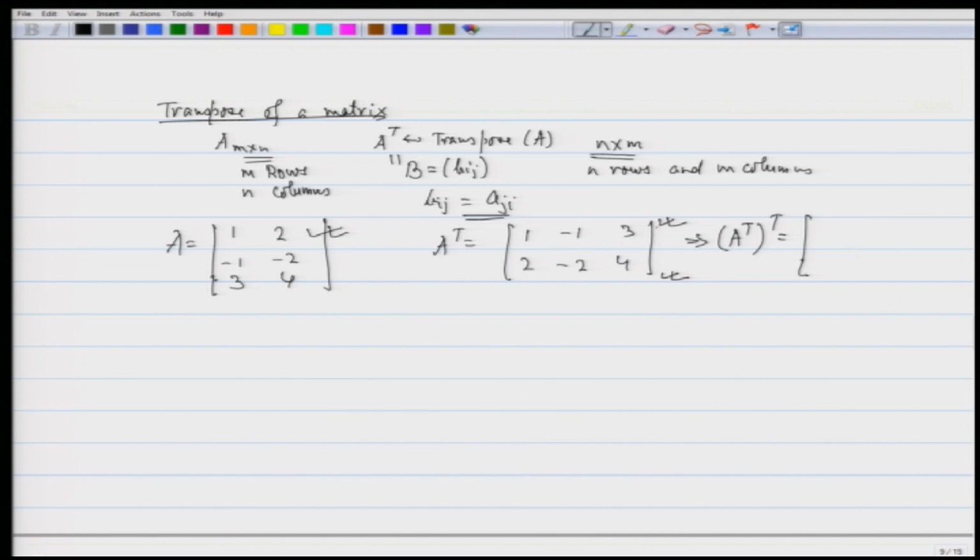The first row of this matrix is 1 minus 1 3, it will become the first column. Similarly, the second row is 2 minus 2 4, it will become the second column. This matrix is the same as A, fine. So, A transpose transpose is itself, this is what we are saying.